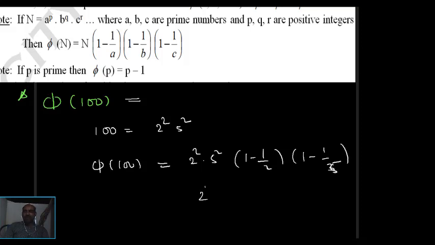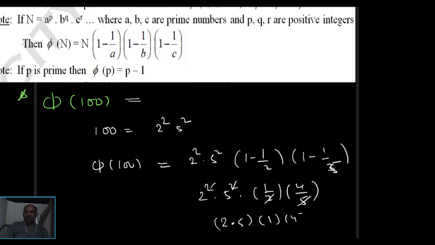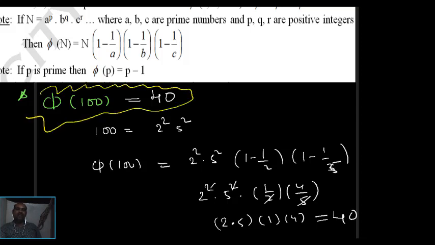So 2 squared into 5 squared into 1 by 2 into 4 by 5. 5 cancels with 5, 2 cancels. 2 into 5 into 1 into 4. 2 fours are 8... that is, 4 times 10, 10 times 4 is 40. So phi of 100 is 40. Very important. You should remember this. Phi of 100 means directly you should say 40.